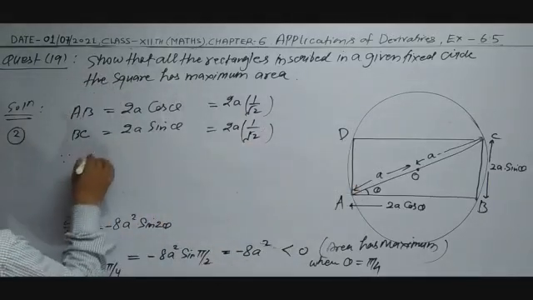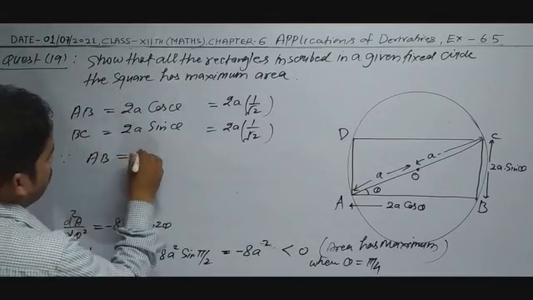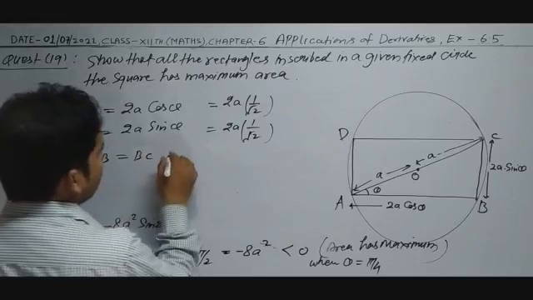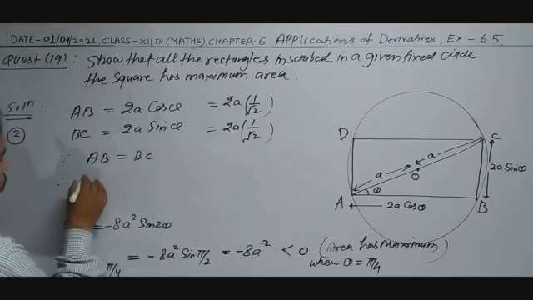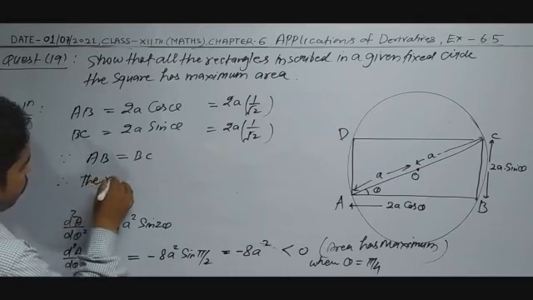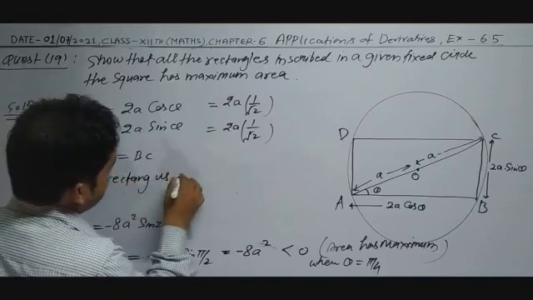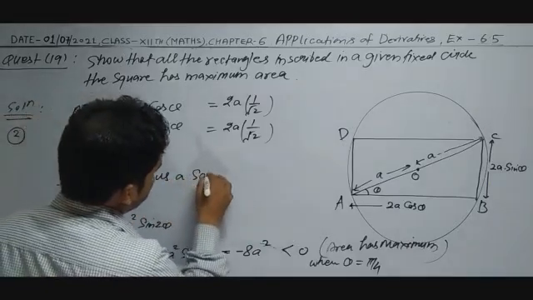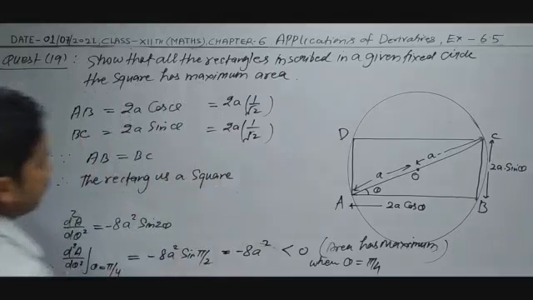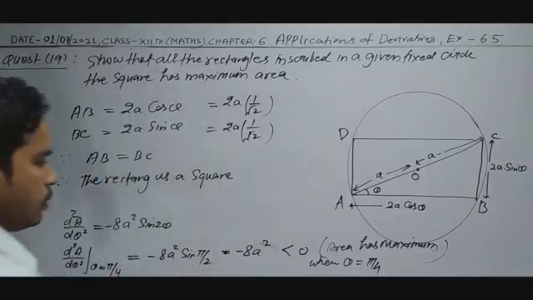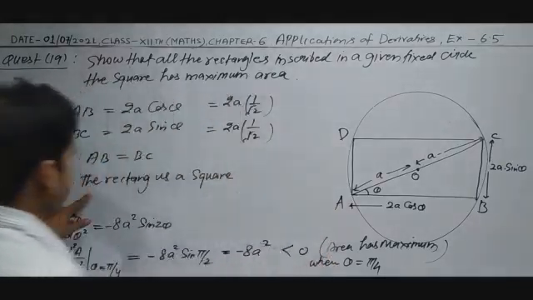Since AB is equal to BC, therefore the rectangle is a square. Rectangle is a square.